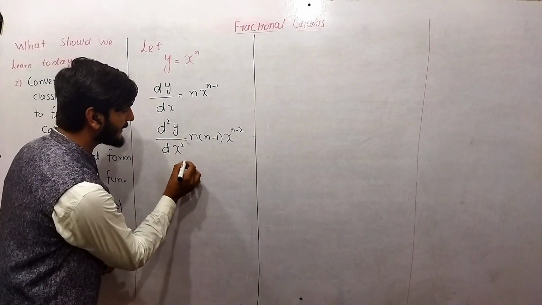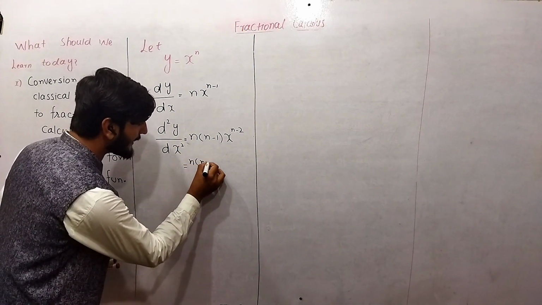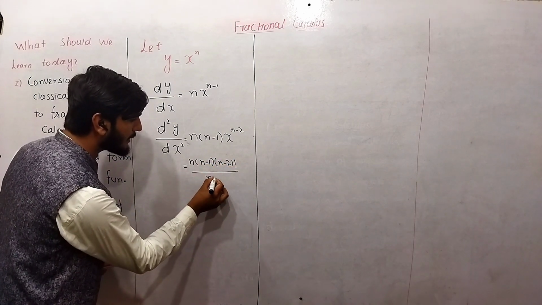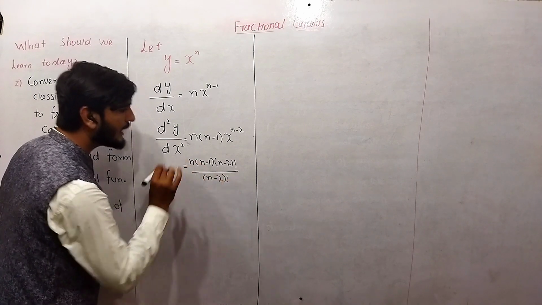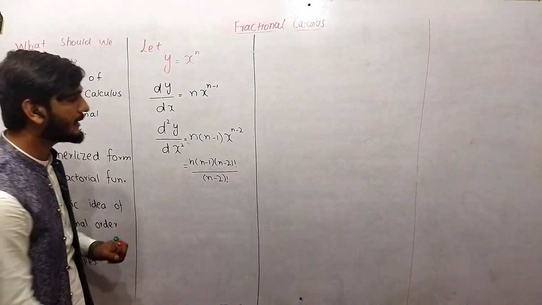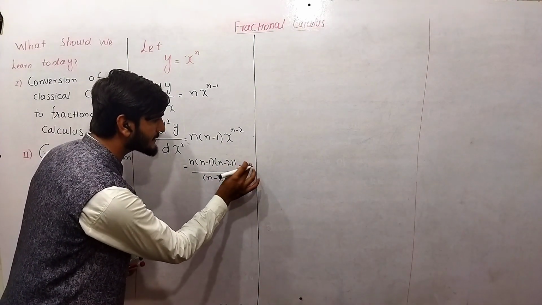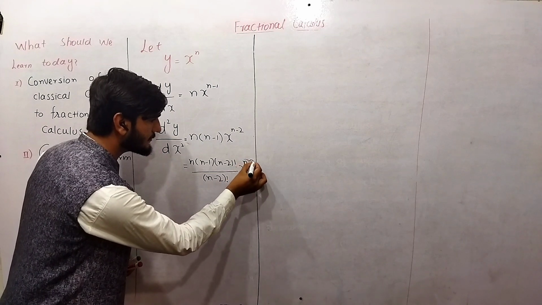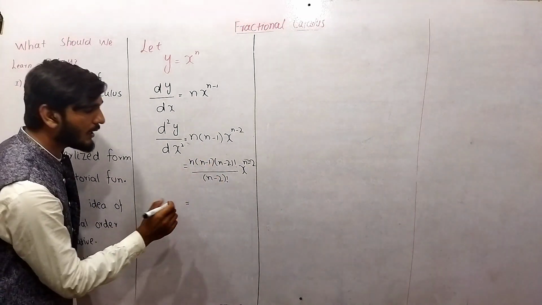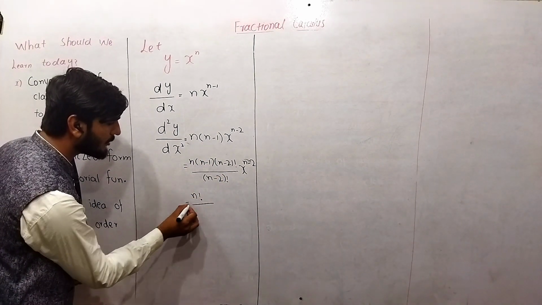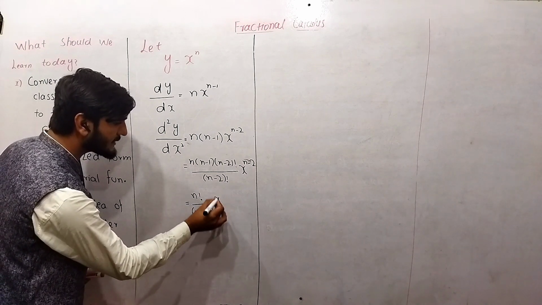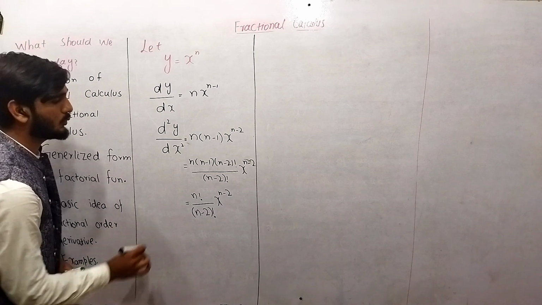So I can write it as n into n minus 1 into n minus 2 factorial over n minus 2 factorial, multiplying and dividing by n minus 2 factorial. So that value will be equal to n factorial over n minus 2 factorial into x raised to power n minus 2.